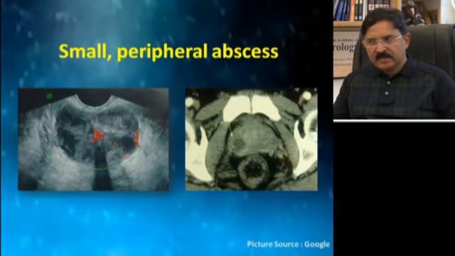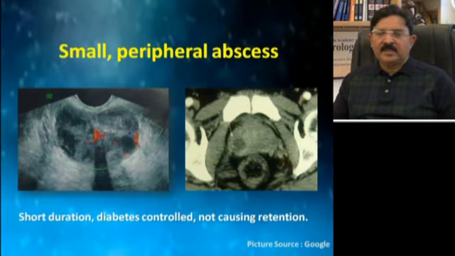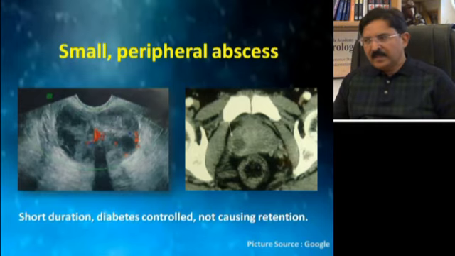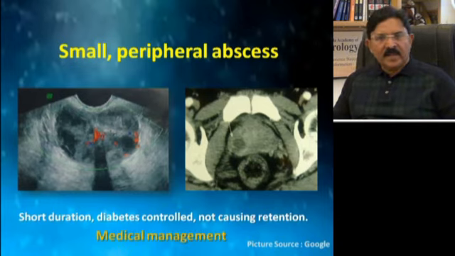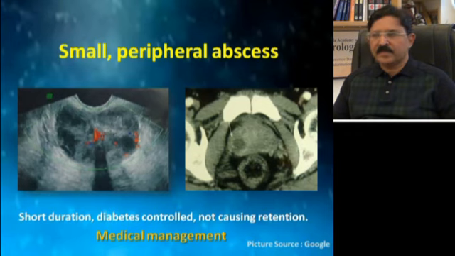When you have a small peripheral abscess, such as in diabetics, but it is a controlled diabetic and the abscess is recently formed, of short duration, and not causing urinary retention, in that scenario this patient can be managed by antibiotic therapy and supportive care, what's called medical management.